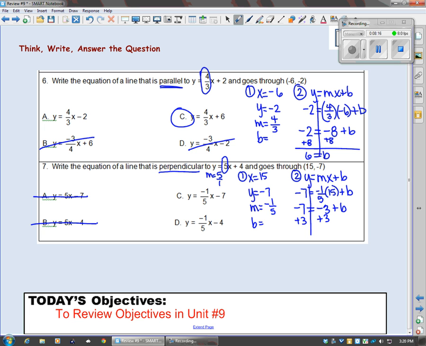Add 3 to both sides, and you get that b is -4. Okay, and really, in these last two problems, if you'll notice, your wrong answer choice contains the y-intercept before you did any work. So that might be a clue also as you're taking a multiple choice test on how to get that figured out.